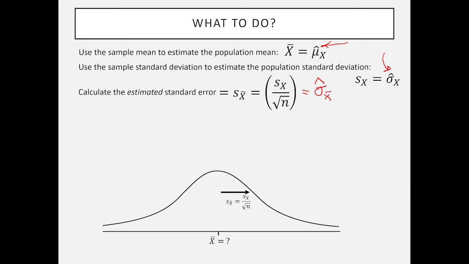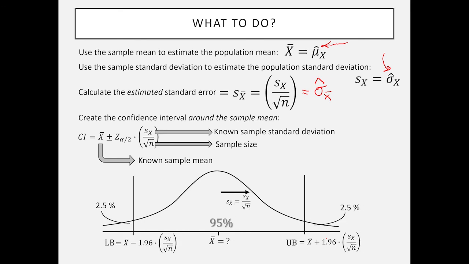And I can now use this to create a spread for the sample mean. We can create a confidence interval. Notice what we've done here. I've changed the x bar, the sample mean, which is known, possible to calculate. I've changed also the known sample standard deviation for the population standard deviation. And now I can create the upper bound and lower bound not around the population mean, but around the sample mean.